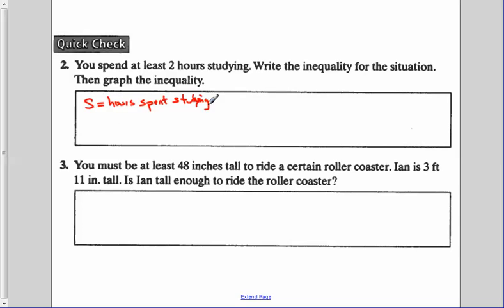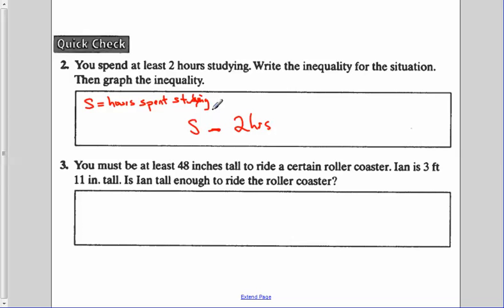Hours spent studying, and I'm going to compare that to 2 hours. Well, could you spend 2 hours? Is that at least 2 hours? 2 hours is at least 2 hours. So that's going to at least be equal to it. All right, so that's why I draw my horizontal line here to at least get the equal part.